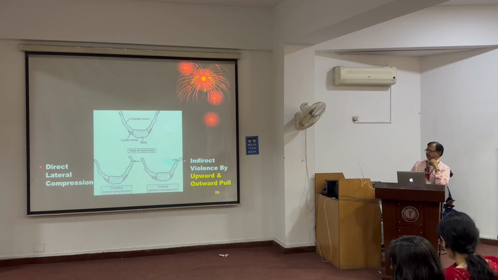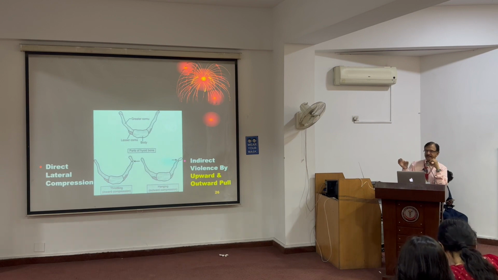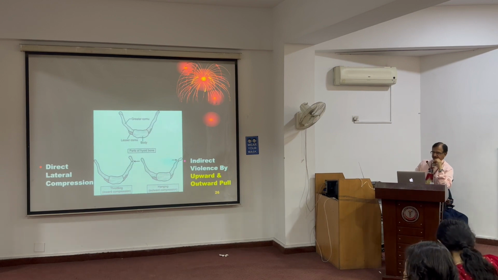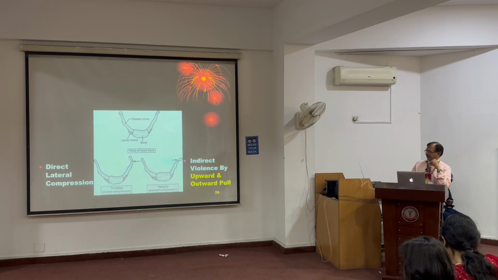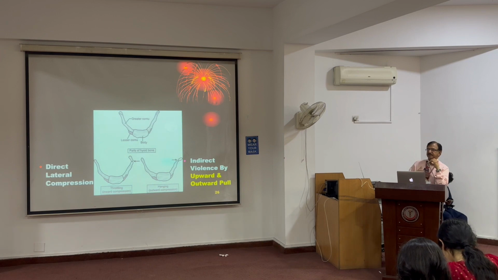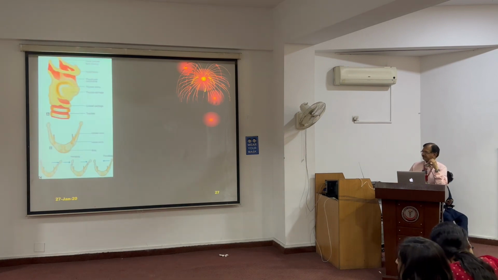So of these two phenomena, the first one is direct lateral compression squeezing inwards, and the fractured ends will be displaced inwards, whereas in hanging there is an upward and backward push with the weight of the body, and the fractured ends will be displaced outwards.